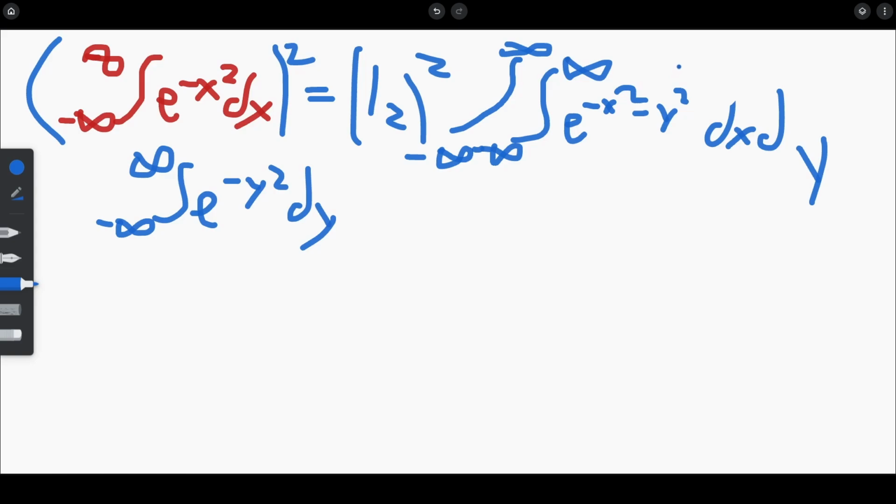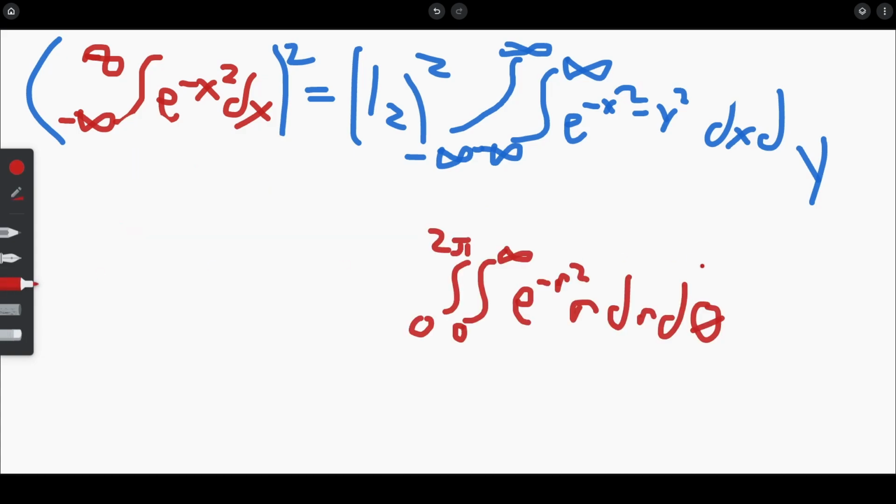And what you could see here is now we have a perfect setup to convert this to a much more workable use of my favorite thing ever, polar coordinates. So we're going to convert this to polar coordinates and then we'll be able to solve it because polar coordinates rock.